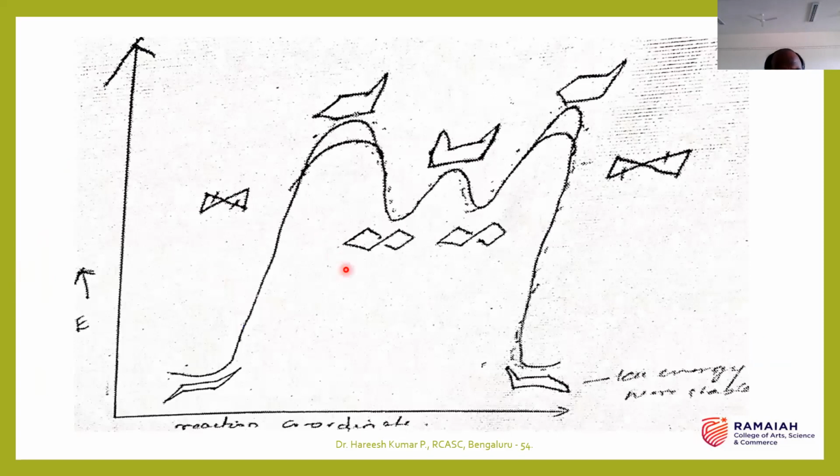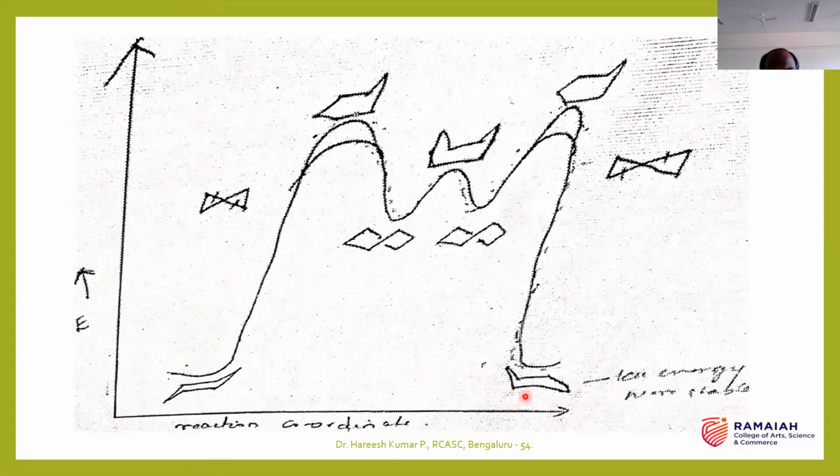So that is this. Here you can observe that the chair form has less energy, and because of less energy, these chair forms are stable. This is one enantiomer, this is another enantiomer. These two are mirror images and these two chair forms are stable.